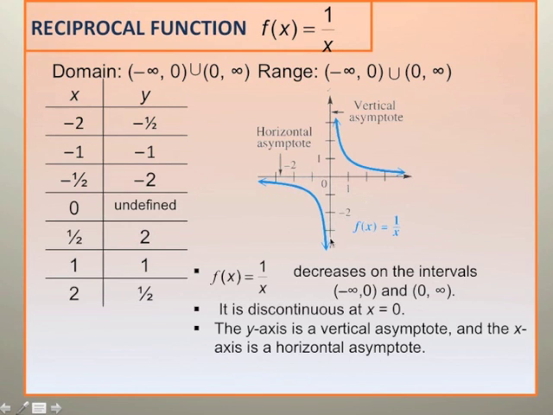It's discontinuous at x equals 0. It has a vertical asymptote here, and that's the y-axis, or x equals 0, and a horizontal asymptote at the x-axis, or y equals 0. So the vertical asymptote was x equals 0, and the horizontal asymptote was y equals 0.